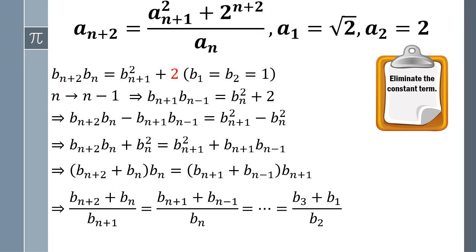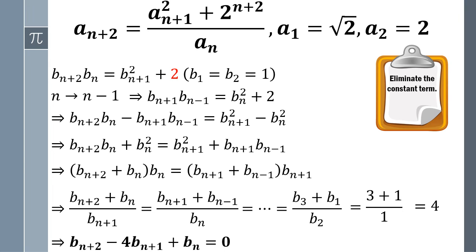We already know that b_1 and b_2 equal 1, and it's easy to find that b_3 equals 3. Then the entire expression is equal to 4. That means b_{n+2} minus 4 b_{n+1} plus b_n equals 0. Now we have a new recursive relationship for b_n.